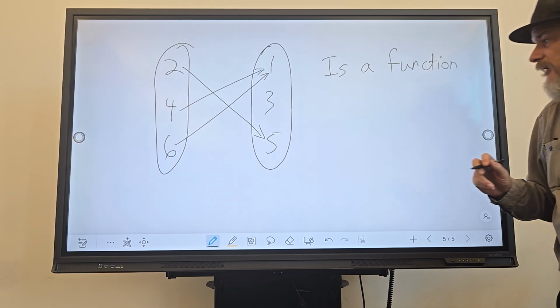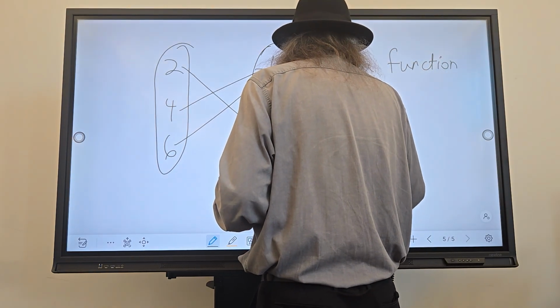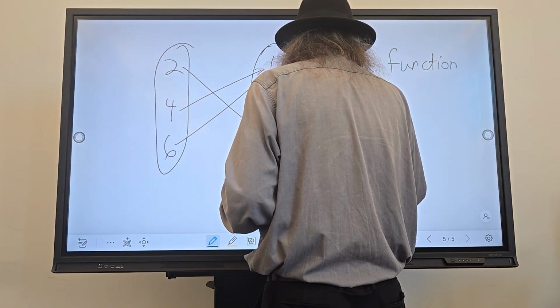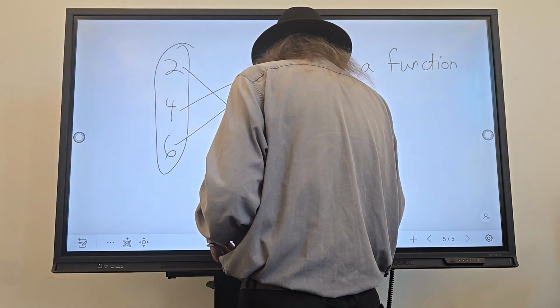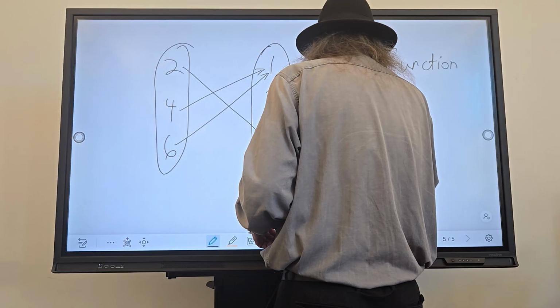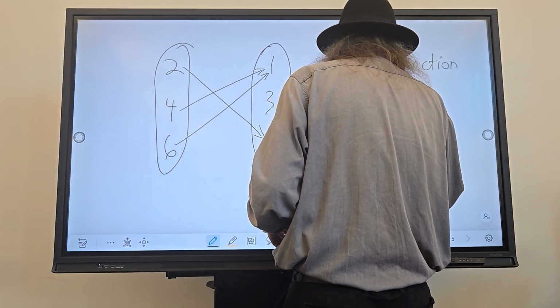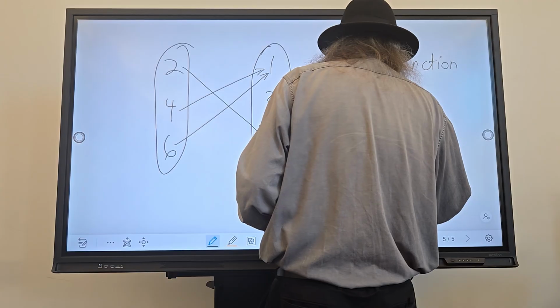It's kind of like y equals plus or minus the square root of x.